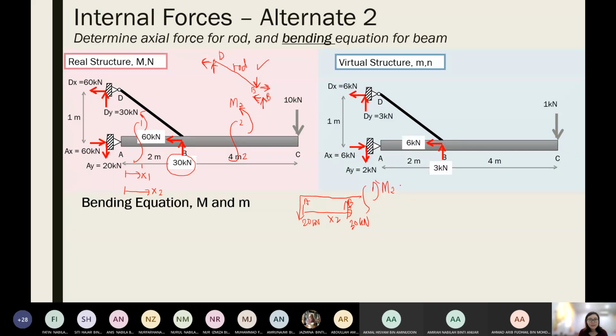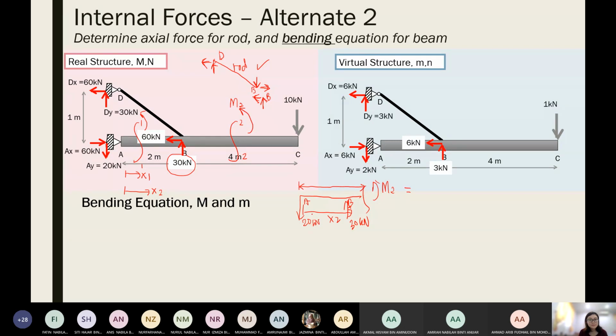Now we can write these bending moment equations M2 directly. I know that there is 20 kilonewton. What is the distance to the cut section?